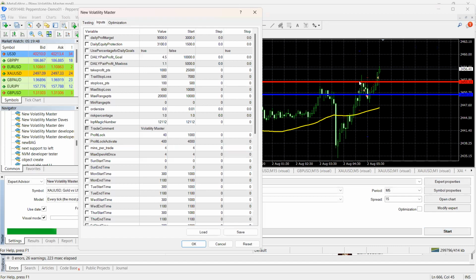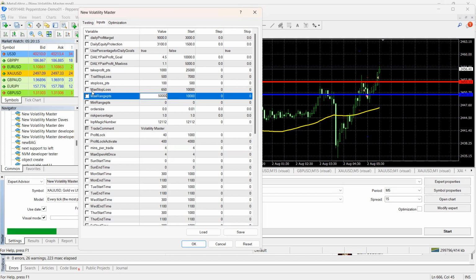So you can set it so that if, like at the moment, I've got the maximum range set at 20,000 points. I think the default is actually 50,000 points. That's just a really big high figure, so that it doesn't matter how big the range is, it's still going to trade. But you might want to reduce that.